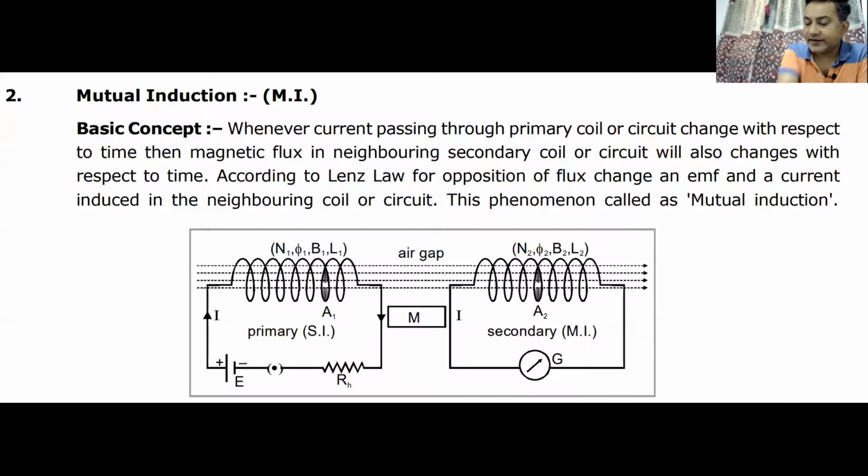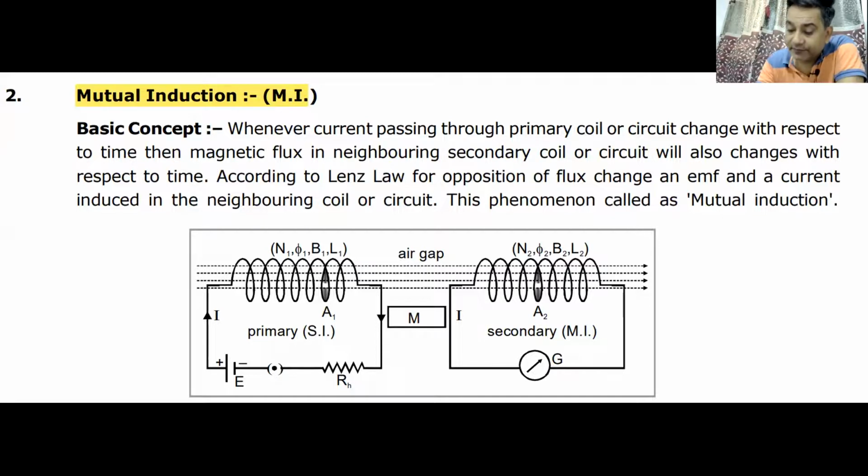That takes us to the next concept, which is mutual induction. What happens in self-inductance is that you have only one coil. You change the current in that coil, the magnetic field in the same coil changes, the flux in the same coil changes, and you have an induced EMF in the same coil.